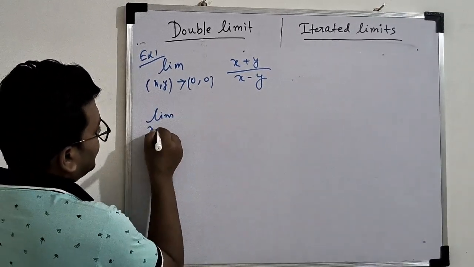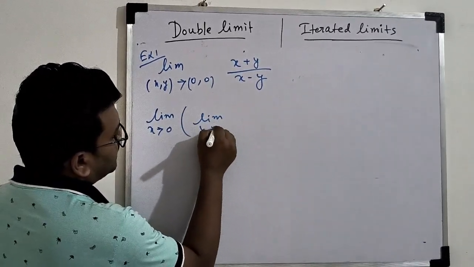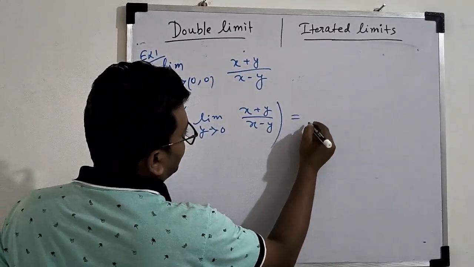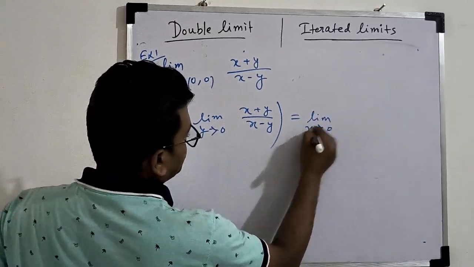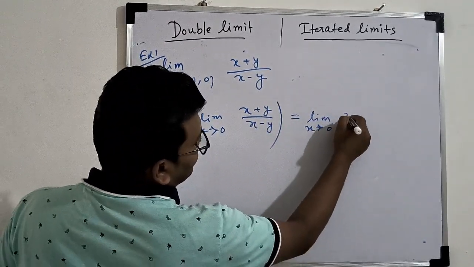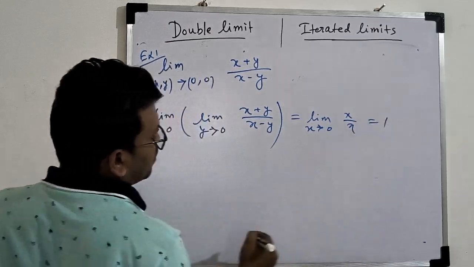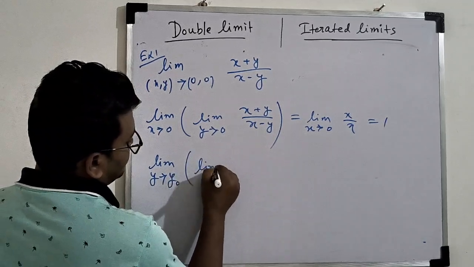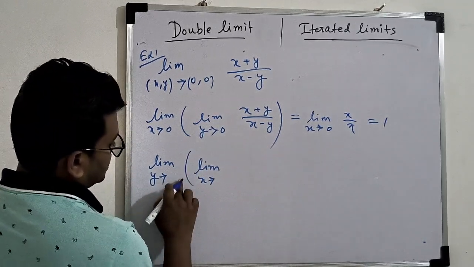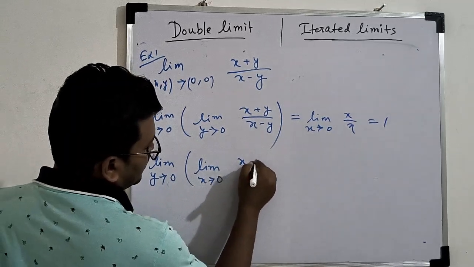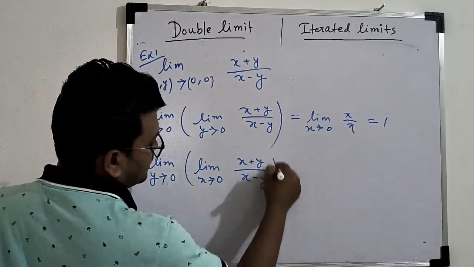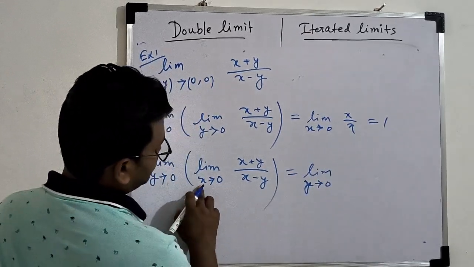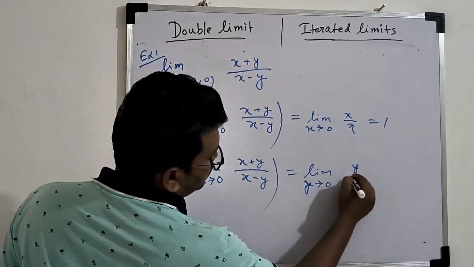First we find limit x tends to 0, limit y tends to 0, of (x plus y) by (x minus y). From here, if we put y equal to 0, we get x by x, so this is equal to 1. And if we take first the limit x tends to 0, and then the limit y tends to 0, of (x plus y) by (x minus y), and we put x equal to 0, we get y by minus y.